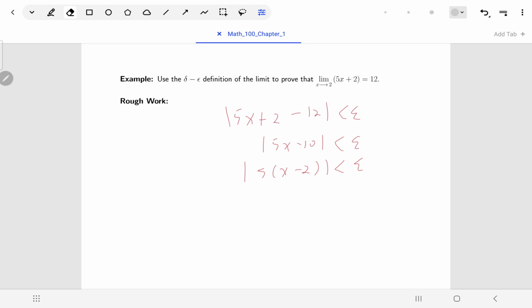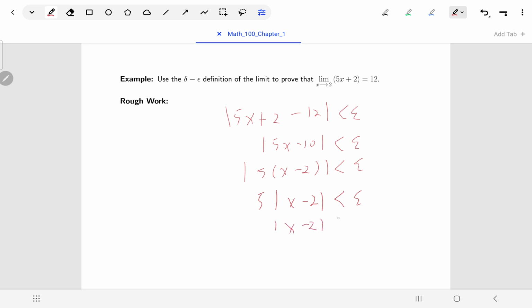I'm looking here at the 5 times x minus 2 business, and I think, well, I could split that up into the absolute value of 5 times the absolute value of x minus 2. But of course, the absolute value of 5 is the same thing as 5. So I could really say we've got 5 times the absolute value of x minus 2. And actually, now I notice something.